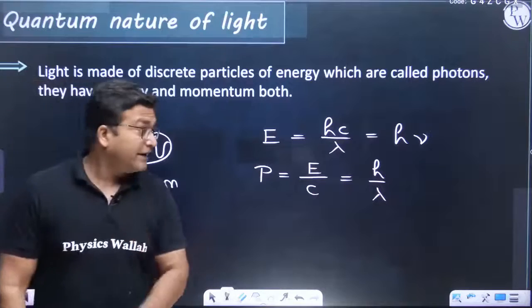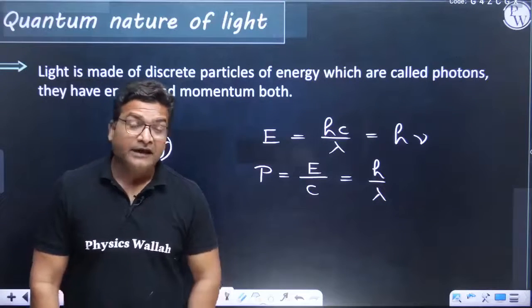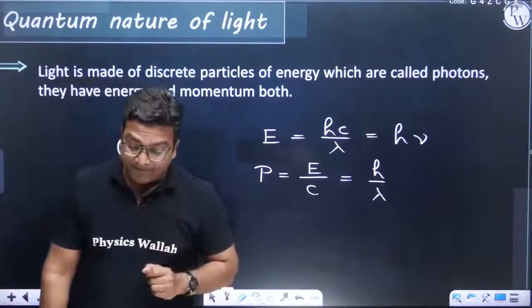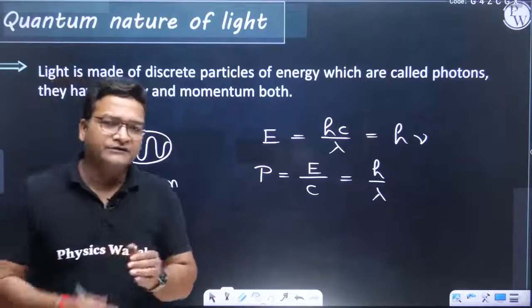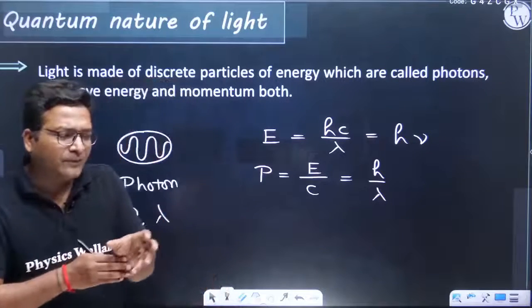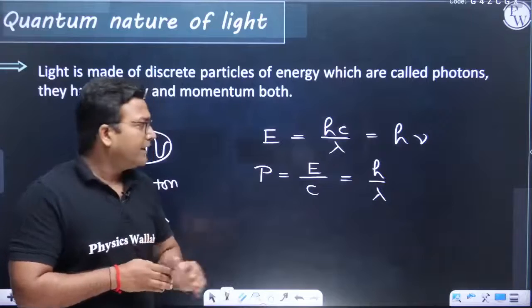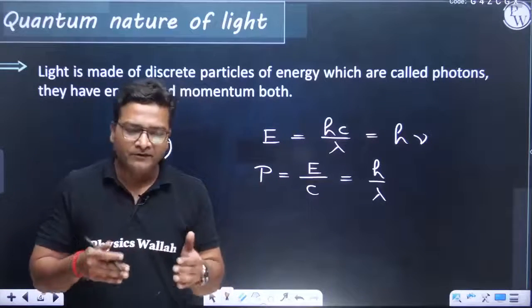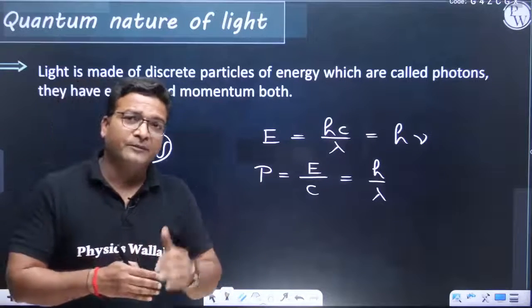You should also know that h is a Planck constant here, whose SI value is nearly 6 times 10 to the power minus 34, and c is the speed of light, which is a famous 3 times 10 to the power 8.